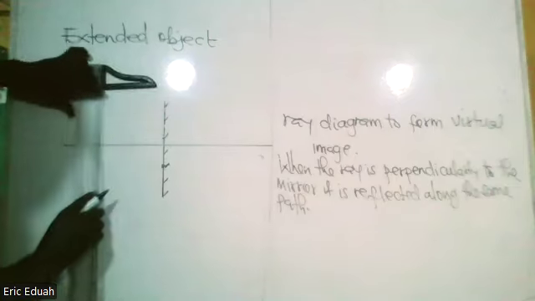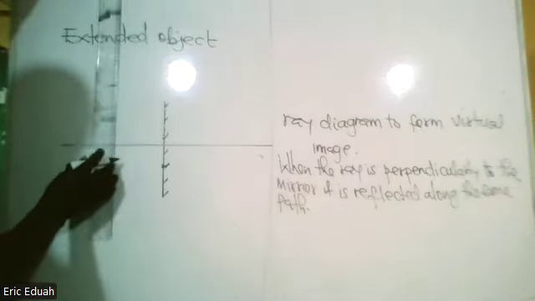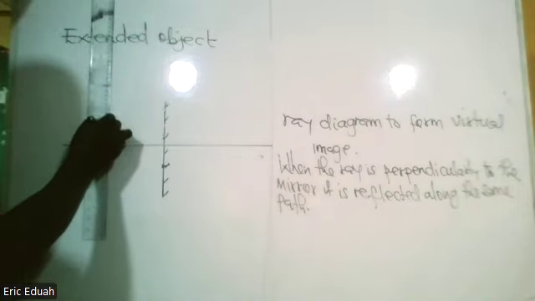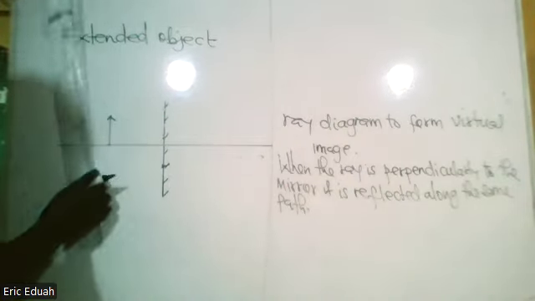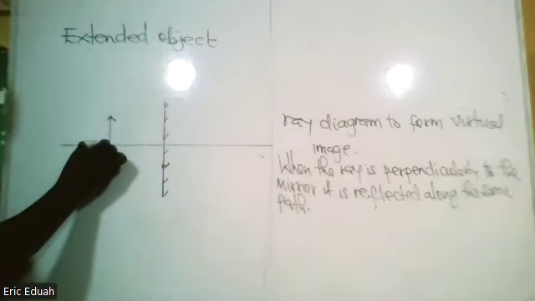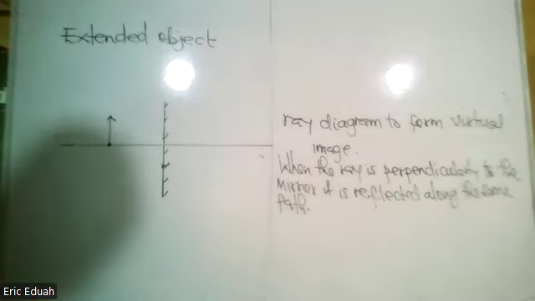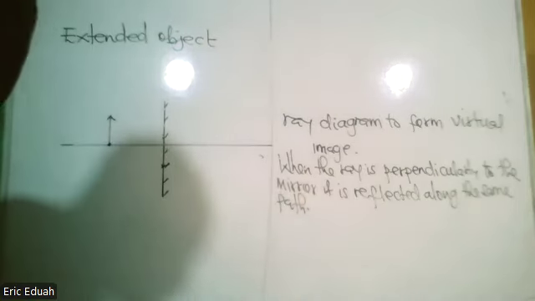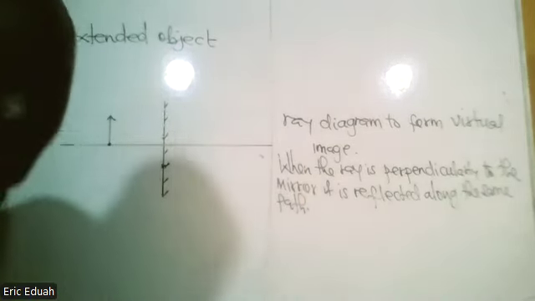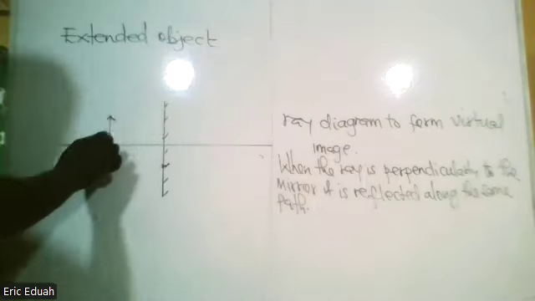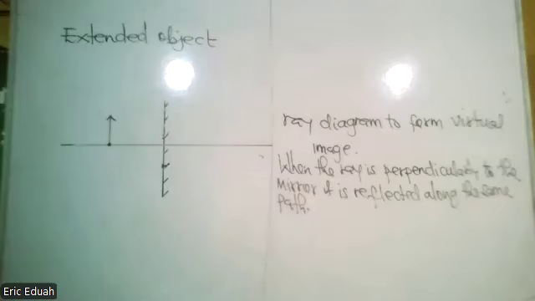So the foot of the object is on the line. So there's the head, and then the foot is also on the line. Here we are not going to draw a human being with a head, just an arrow to indicate the head and then a dot to indicate the foot.